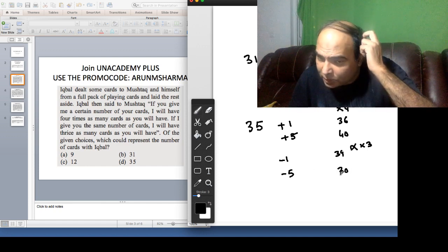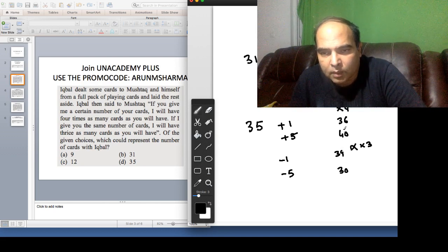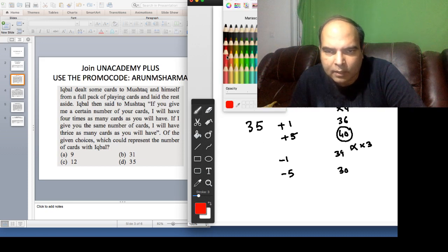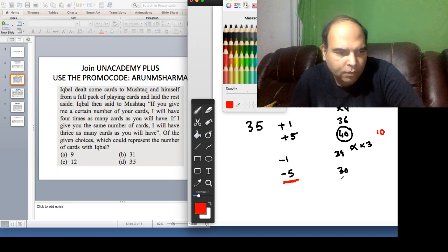But if you match the other numbers there, after giving 5 cards away to Iqbal, Mushtaq must have 10 cards because he's 1/4 that number, which means Mushtaq originally had 15 cards. And if he gets 5 cards from Iqbal, Mushtaq will be adding the cards. So 20-30 does not match the 3:1 ratio.